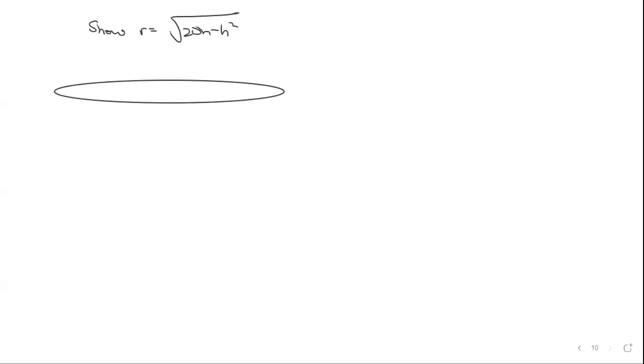We want to show r equals the square root of 20h minus h squared. It's actually not too difficult as long as you know where to look for this. So imagine that's a circle and you have your water circle over here.